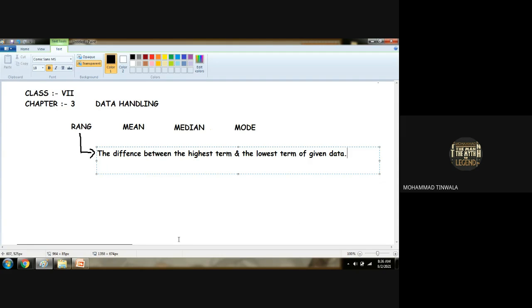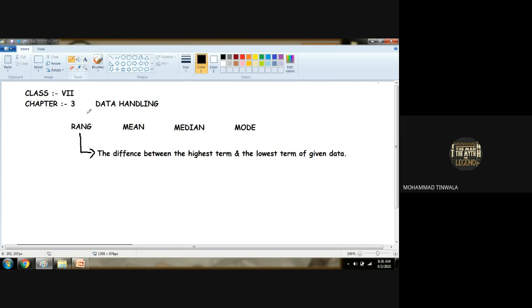What is range, boys? Range means the difference between the highest term and the lowest term of the given data.